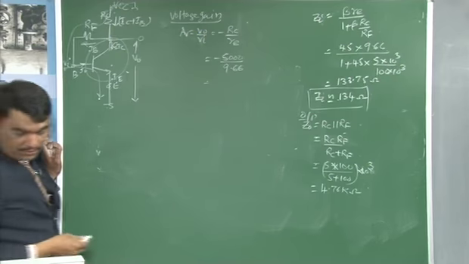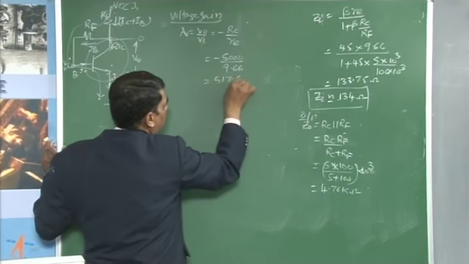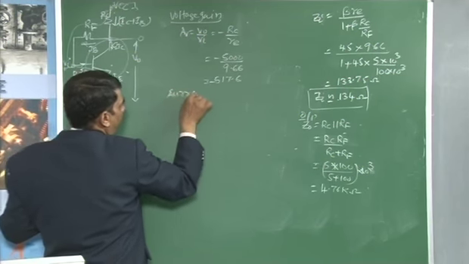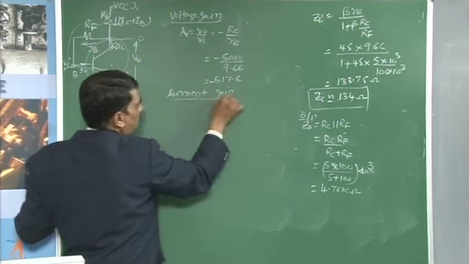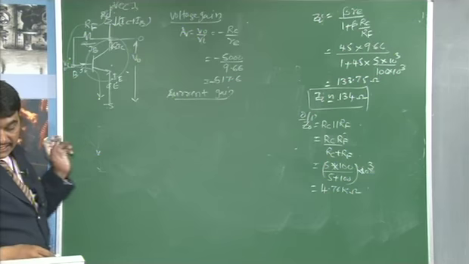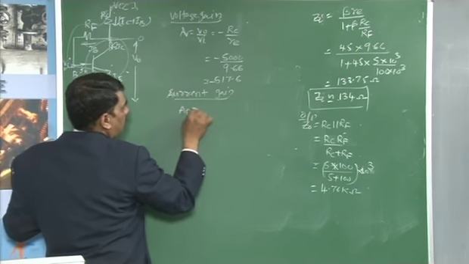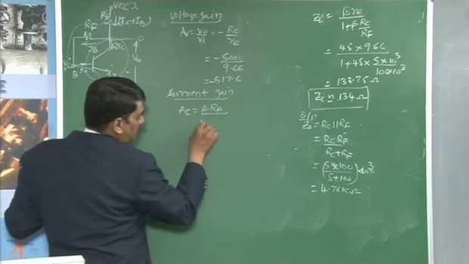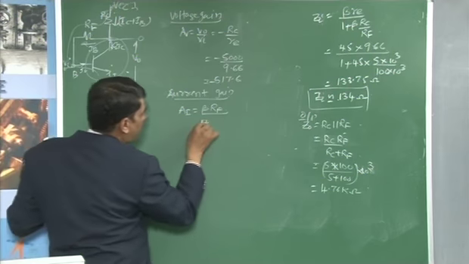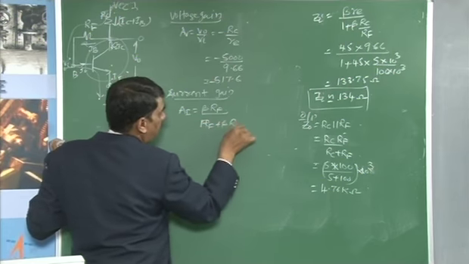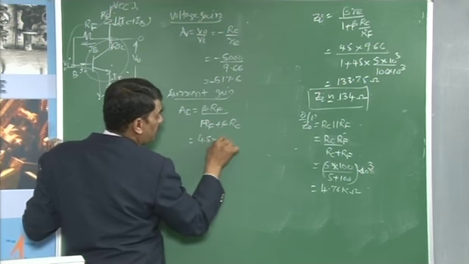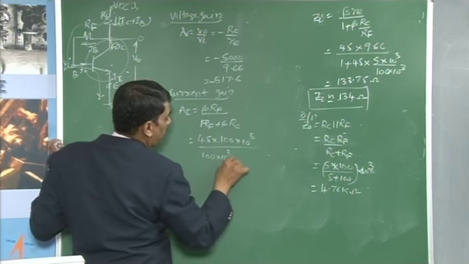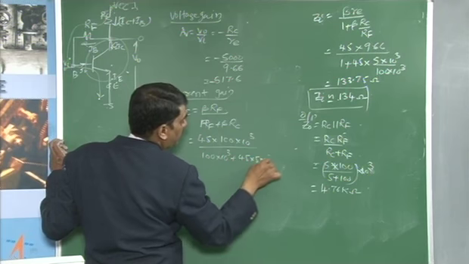If you use the exact value, this is equal to minus 517.6. And the current gain AI is given by beta times Rf divided by Rf plus beta times Rc, where beta is 45, Rf is 100 into 10 to the power of 3, divided by 100 into 10 to the power of 3 plus 45 into 5 into 10 to the power of 3.